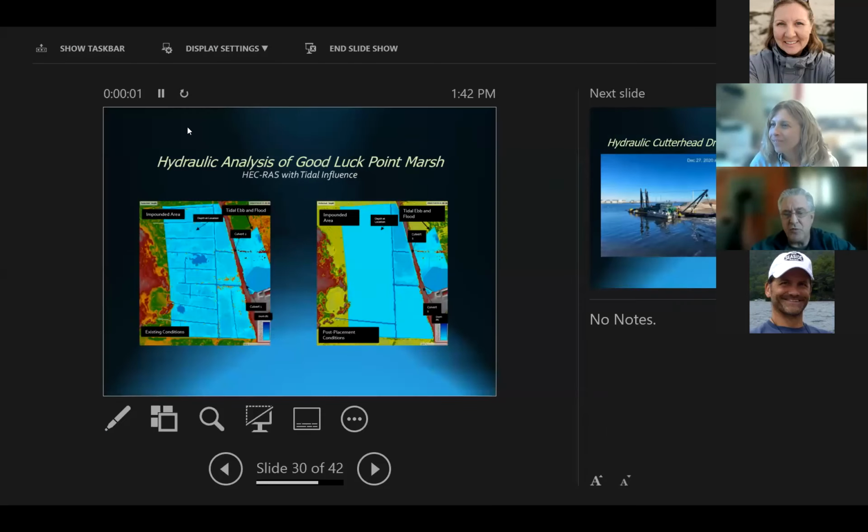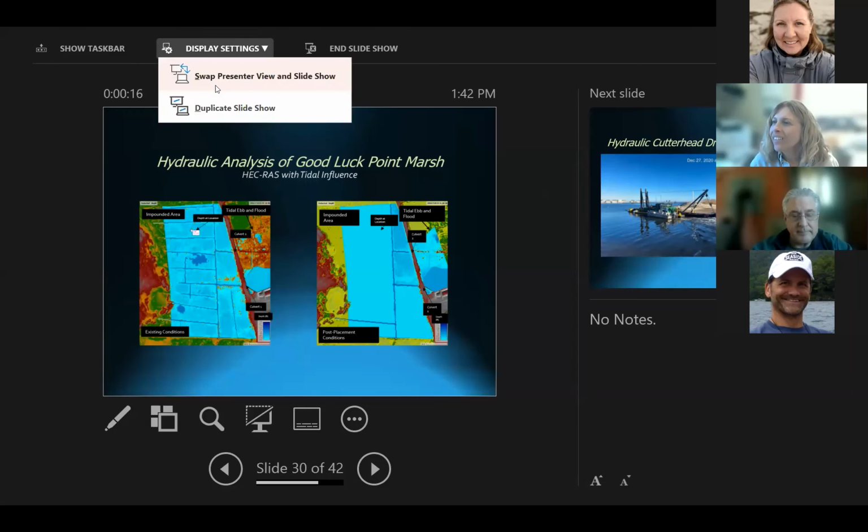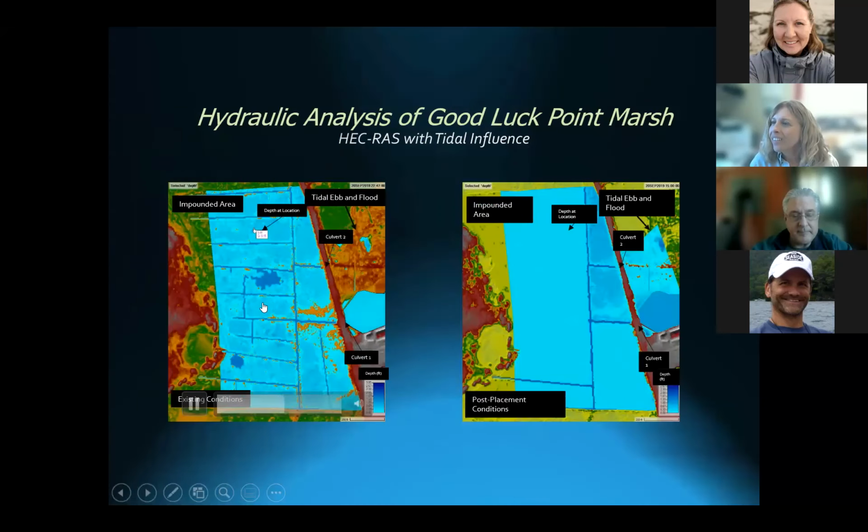I just want to show you how the site was filling and draining on a normal tidal cycle before we did our construction. Yeah, I have to get rid of this. Oh, can I move this thing? Oh, I can move it. I'm so sorry, people. All right. So is it going now, Scott? Carry on. Yep, it's going.